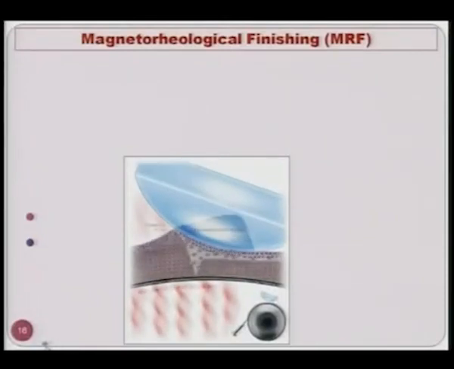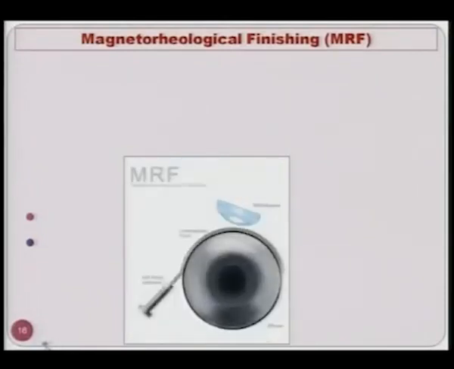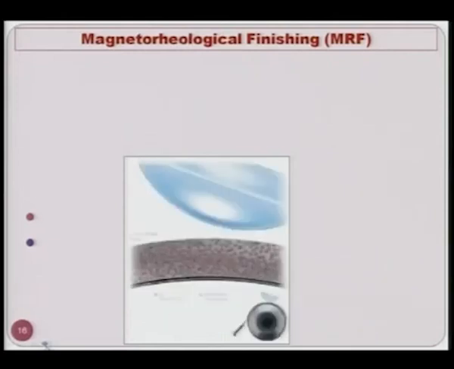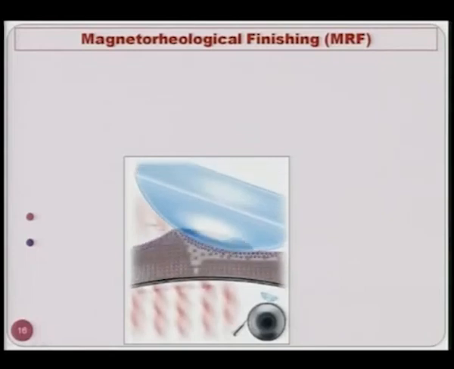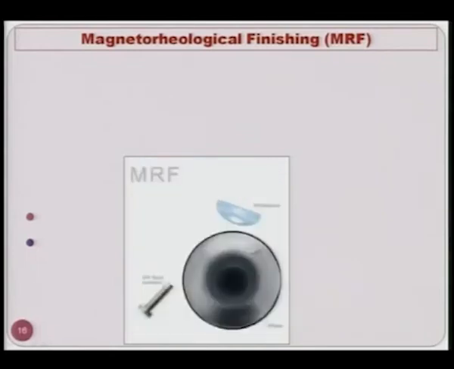There are carbonyl iron particles and abrasive particles, and you will see that abrasive particles are getting in contact with the lens here, and iron particles are getting attracted towards the magnet.